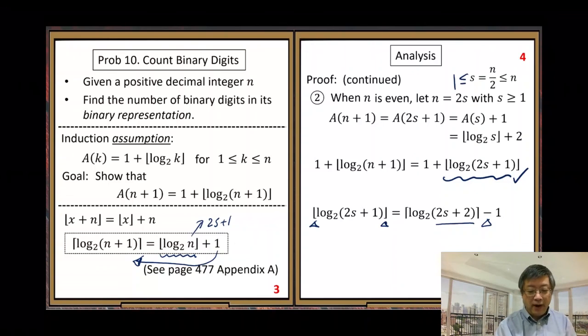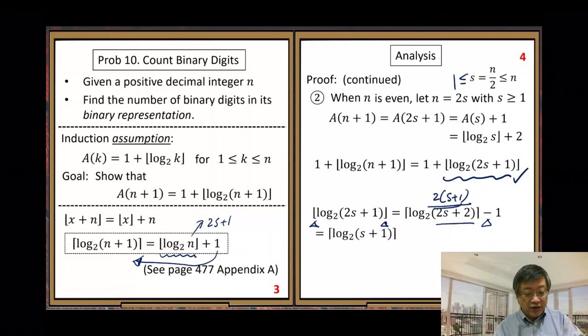Then 2s plus 2, is it 2 times s plus 1? The product, we can use the property I gave you in the previous slide.